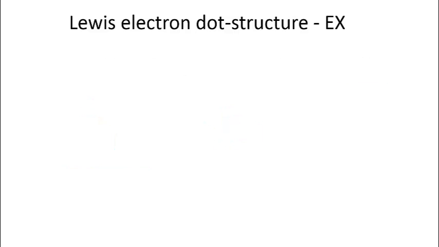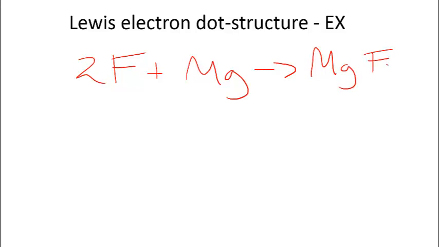So let's do an example of the Lewis electron dot structure to represent the electron transfer between magnesium and a fluorine atom. The chemical reaction between fluorine and magnesium looks like this. 2 fluorine plus 1 magnesium yields magnesium fluoride.